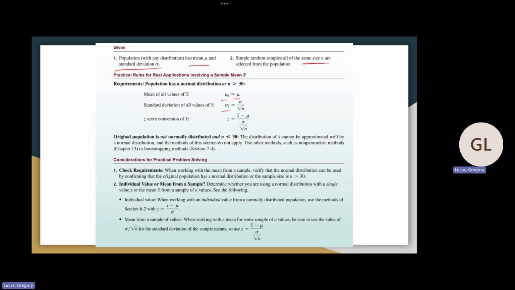So for an individual value, when working with just one value, we can use our normal z-test, x minus mu divided by sigma. If we have a mean from a sample of values, when working with a mean for some sample of n values, be sure to use the value of sigma divided by the square root of n for the standard deviation of the sample means. So use our new z-score formula.